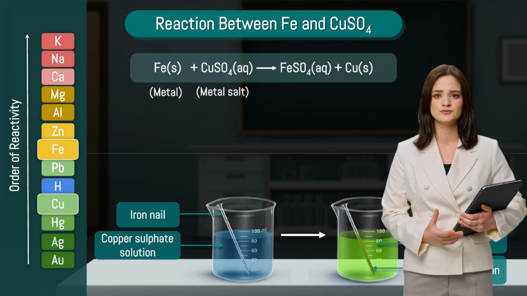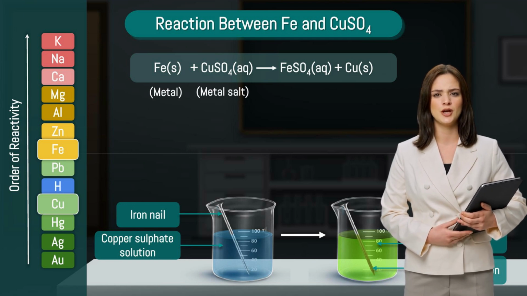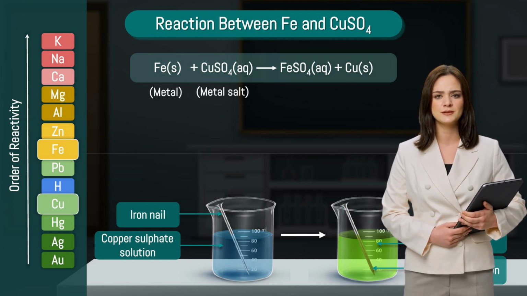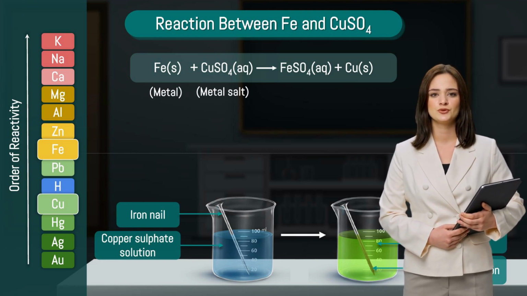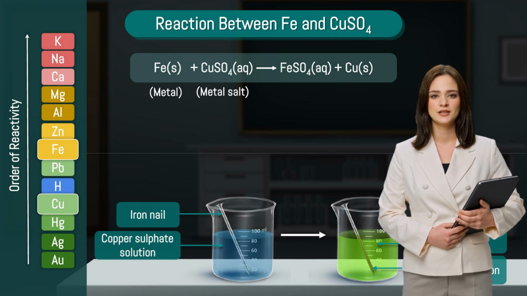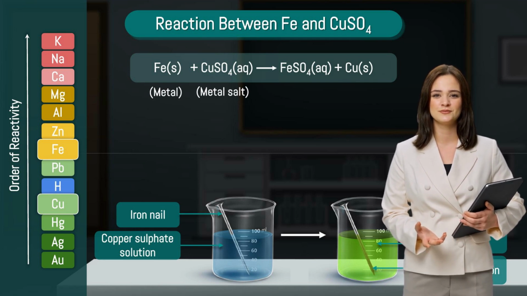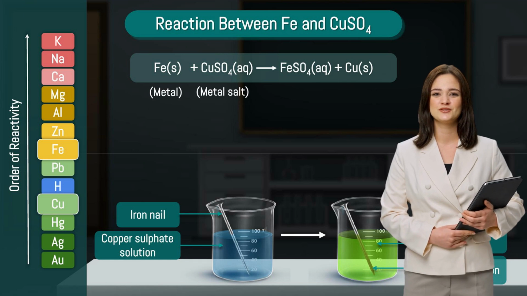Let us now observe the reaction between iron and copper sulfate solution. When a clean iron nail is dipped into blue copper sulfate solution, a reaction takes place. Gradually, the blue color of copper sulfate fades and turns green because ferrous sulfate is formed.